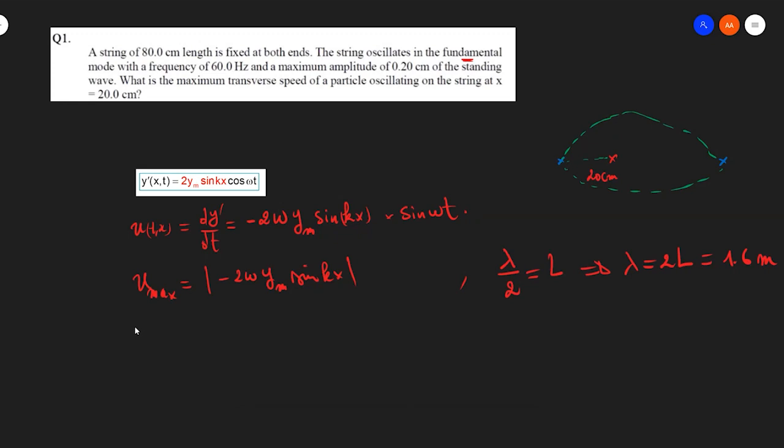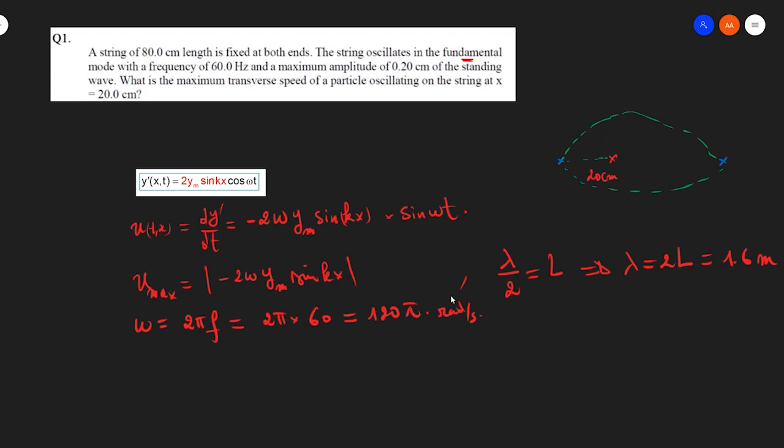Omega is equal to 2 pi f. They gave us the frequency of oscillation, which is 60 hertz. So I use 2 pi multiplied by 60 hertz, and this gives me 120 pi radian per second.